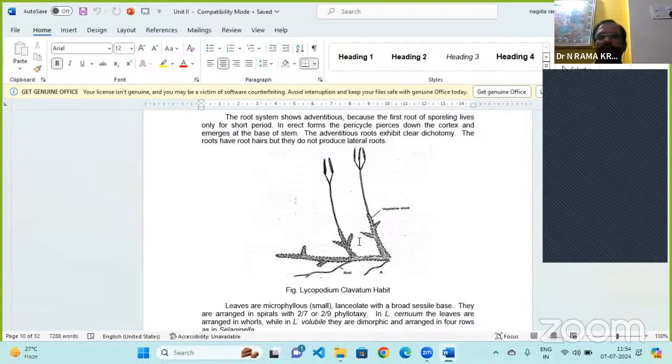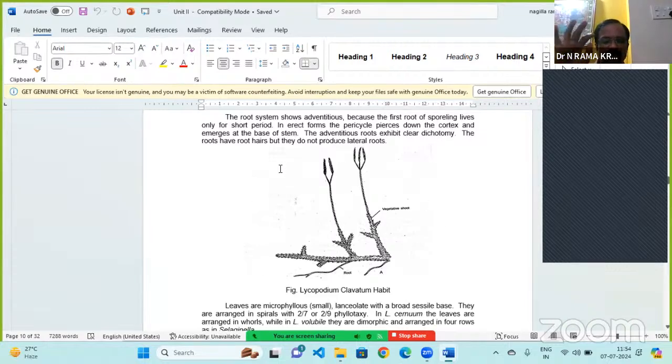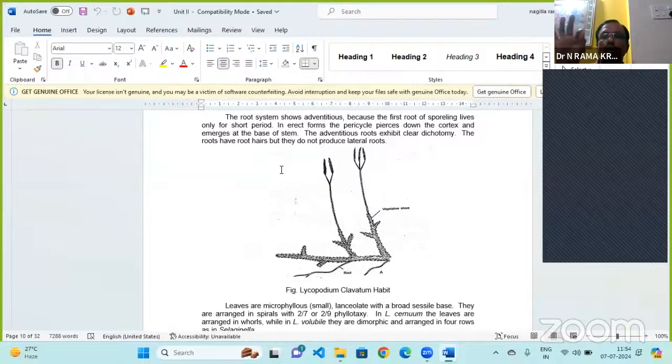So next point, these sporophytic plant bodies are differentiated into root, stem, and leaves. These three are the most important points here. The sporophytic plant body can be differentiated into three categories: one is the root system, second is the stem system, and third is the leaves.